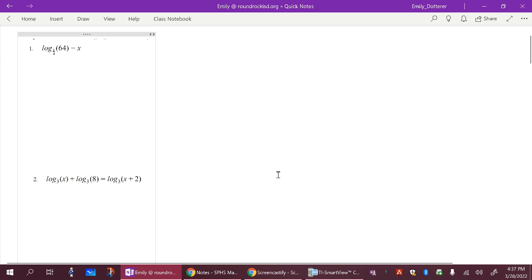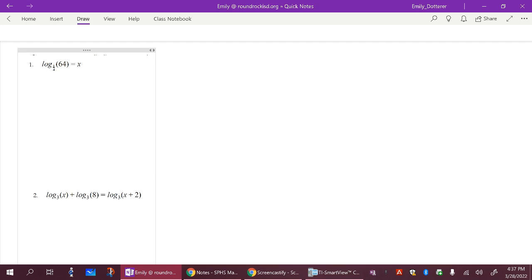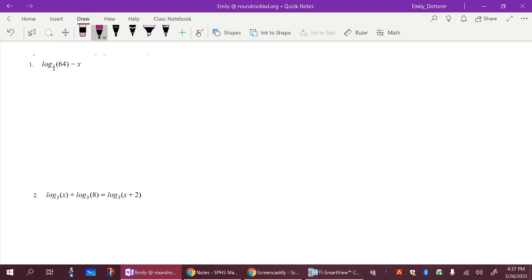Just real quick, note that sometimes we will have a logarithm or an exponential where it's all ready to solve, because if you look here, x is already by itself on one side of the equal sign.